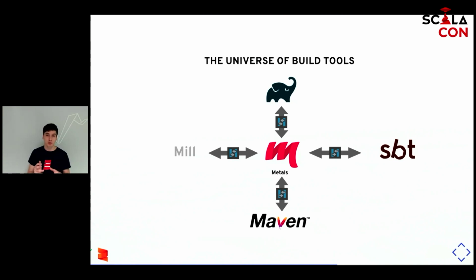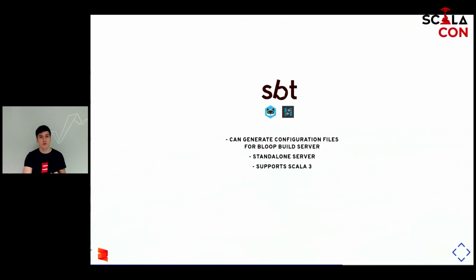There's different ways to do that. I'll go quickly through all those build tools to see how they're supported. So, for example, SBT can work directly. We can set up a server, and Metals can talk to that server via BSP, but it can also generate configuration files for this additional Bloop build server.